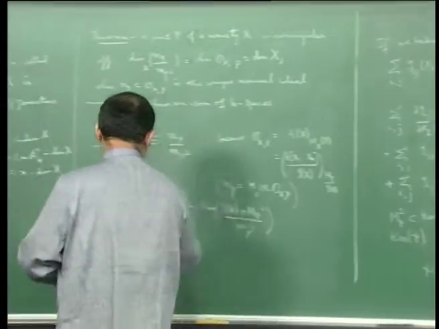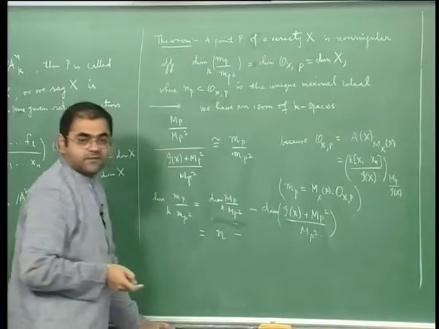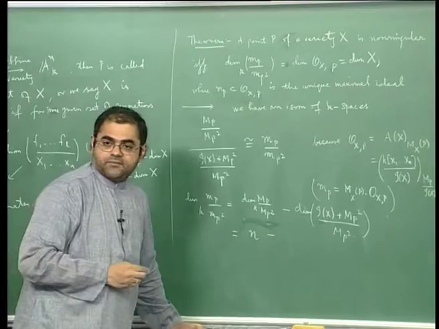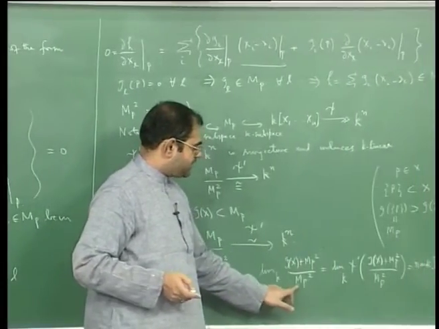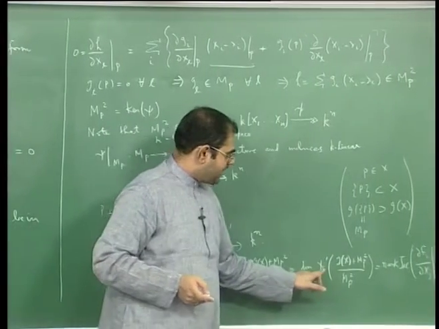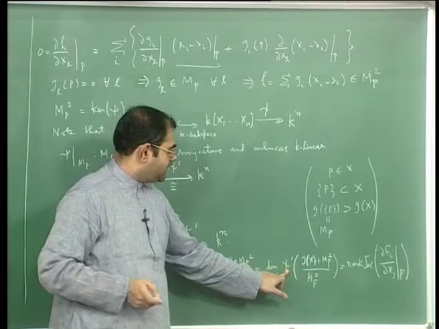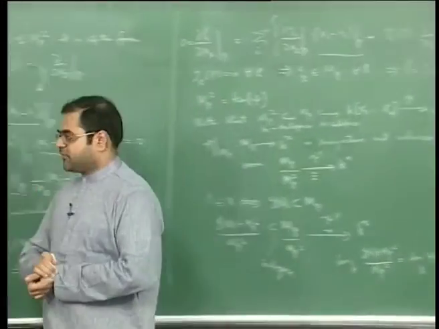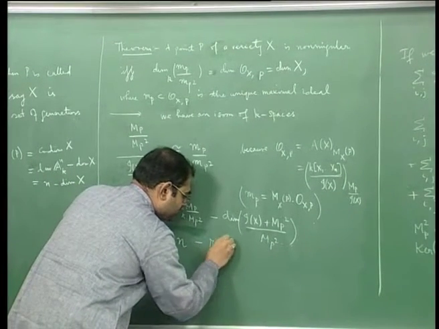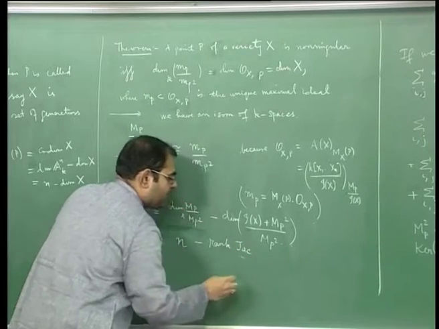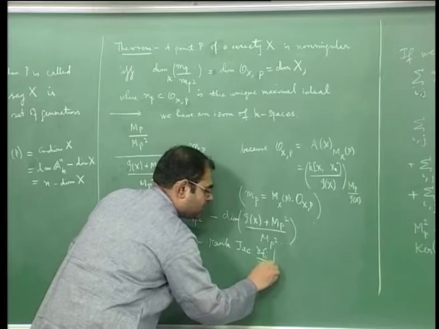So you see this is n, okay, minus this part, which is just the rank of the Jacobian matrix at P. This, as we have seen here, is the dimension of Ix plus capital MP squared by capital MP squared, which is actually the dimension of the image under psi prime of that subspace, okay, and that is the rank of the Jacobian. So I will get n minus the rank of the Jacobian of dou Fi by dou xj at P.